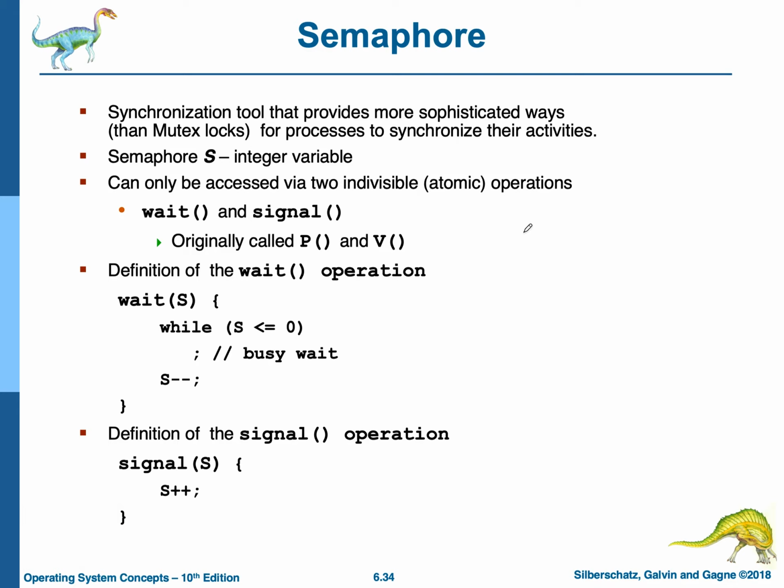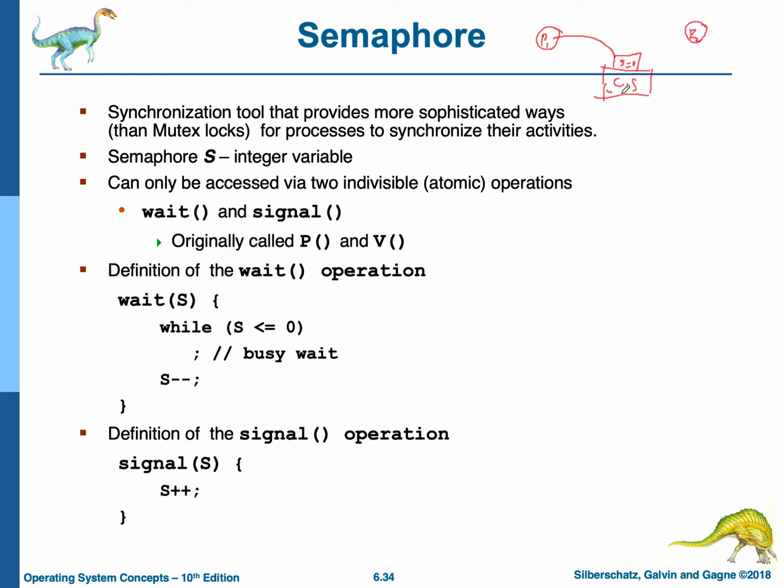Now for example, if there is a program, maybe we say process 1 and process 2, and this is the critical section. Okay, now if S equals 0, then maybe this process can enter into the critical section.